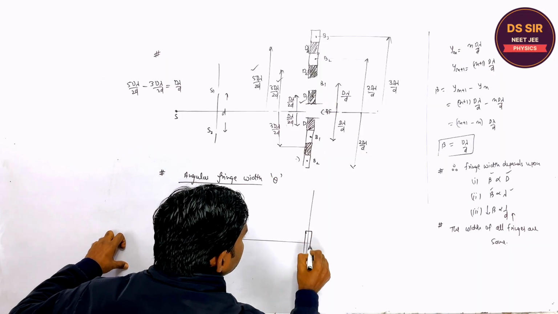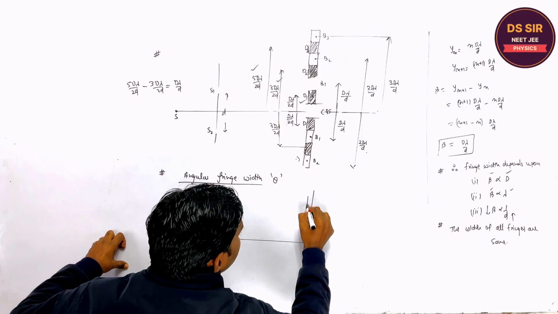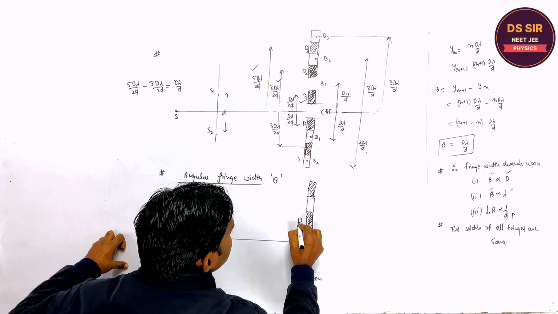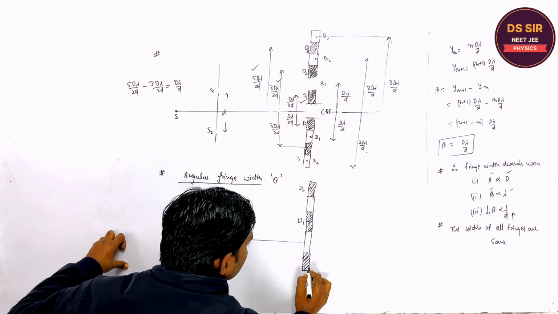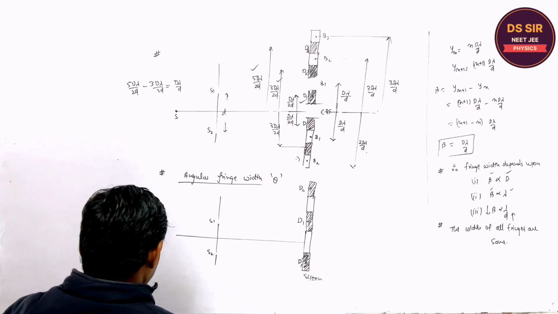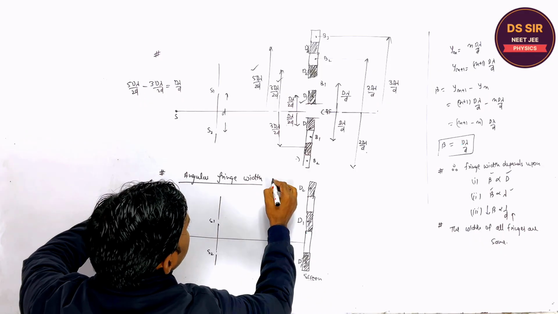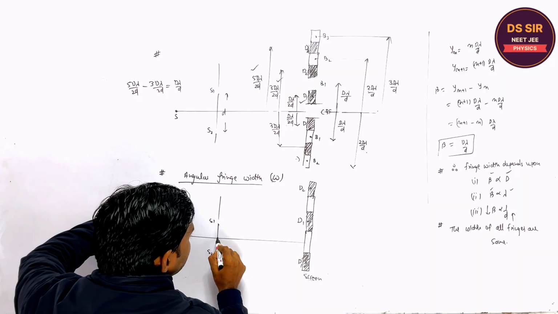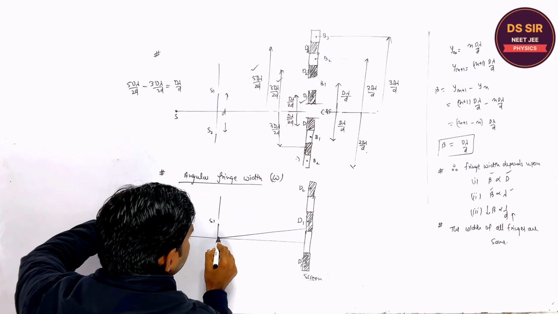This is the central bright fringe, here this is D1, then B1, then D2, and on this side also. Are you getting? So what is the angular fringe width? Sometimes it is represented by omega. The angular fringe width is nothing but the angle subtended by the central bright fringe.